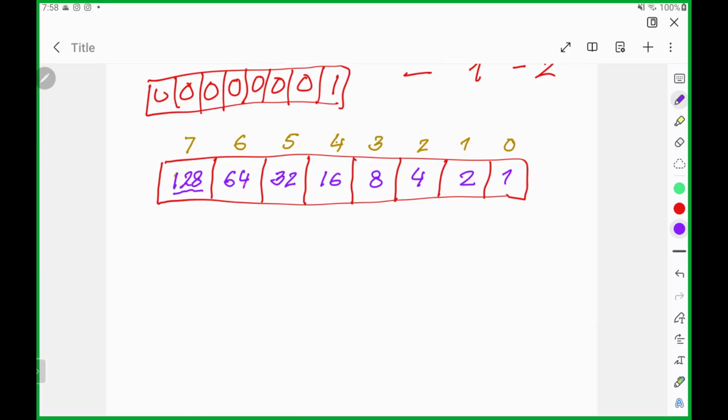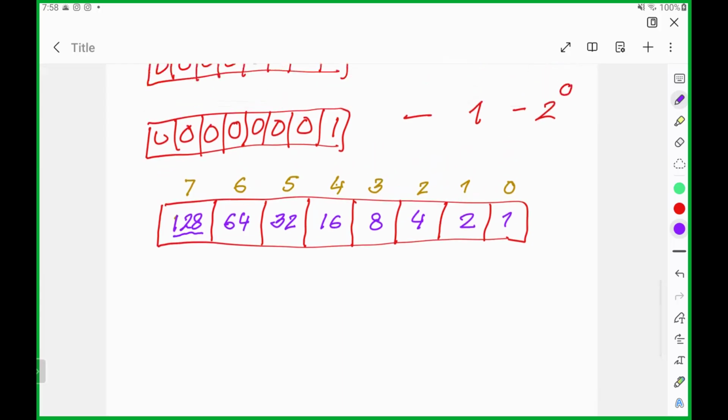If I have only the 6th bit as 1, that will be 64. And in this way, the number will change. Okay, so we have to remember this, then we'll probably be able to calculate all the conversions. We just have to remember that it starts from 7, and the starting number is 128, then it will be half of that number. Every time the bit moves to the right, it will be half.